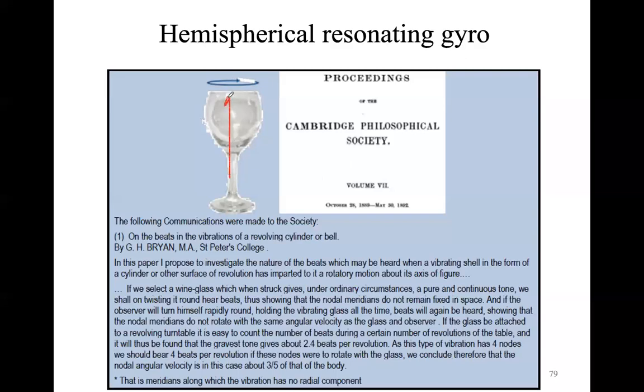By rotating the glass around the stem, he noticed that the vibrational mode, so the behavior of the glass, followed specific patterns that were related to the angular velocity at which the wine glass was perturbed.